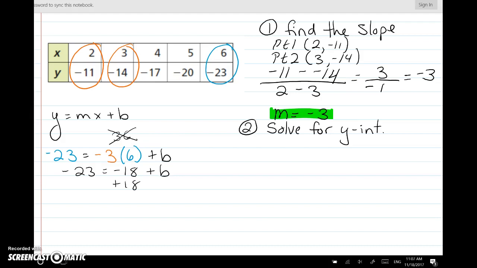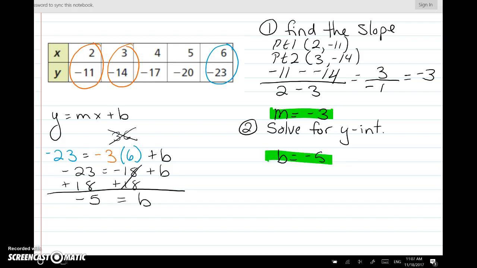Add 18 to both sides. 18's cancel out. And -23 plus 18 is going to be -5 equals b. Let's fix that 5 so it looks more like a 5. -5 equals b. So my y-intercept equals -5.